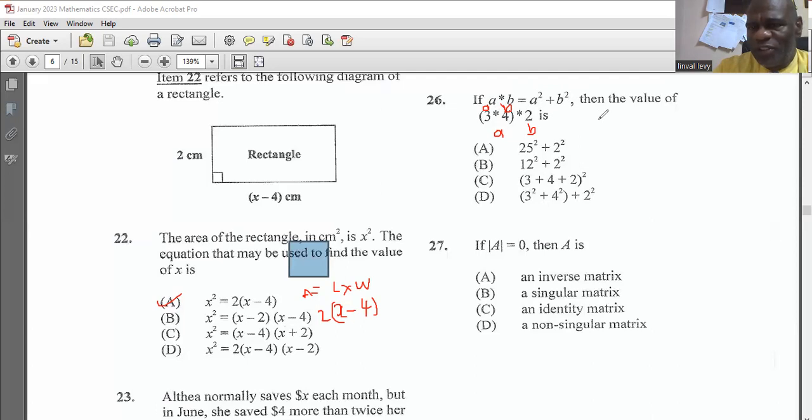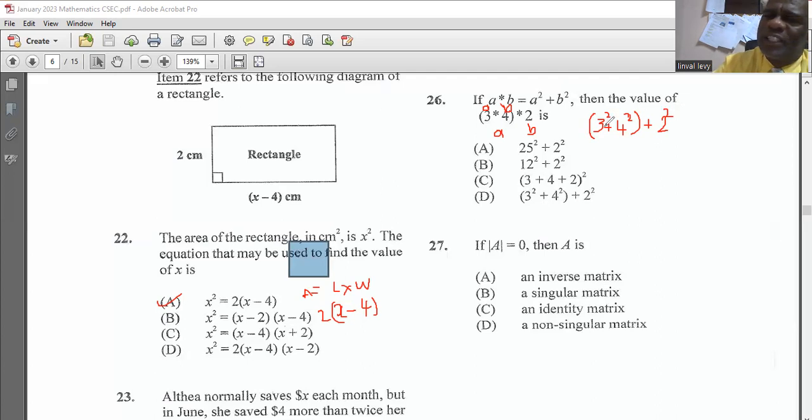So it will be 3 squared plus, let's say, 4 squared, right? Plus 2 squared, right?